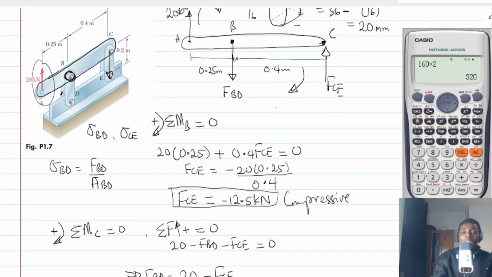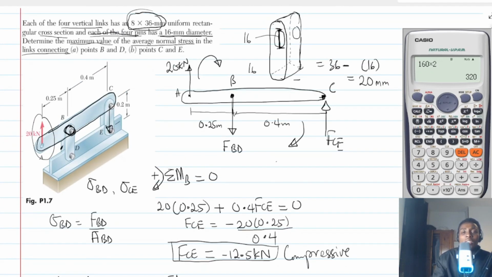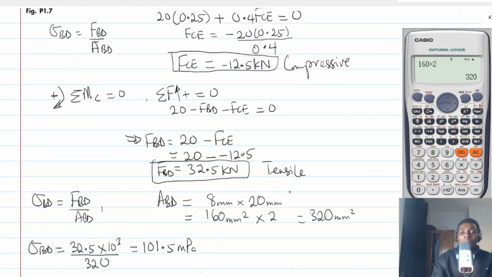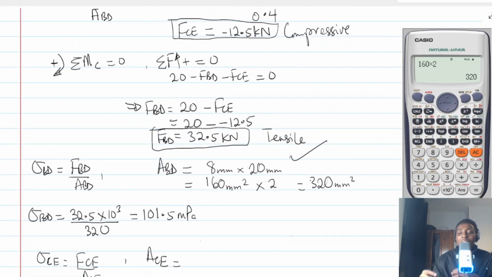FBD experiences a net difference because it is undergoing tension, which has to do with expansion.